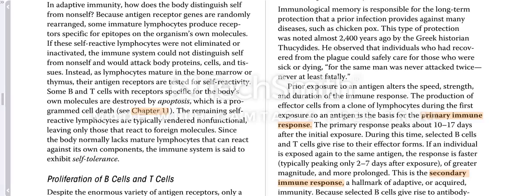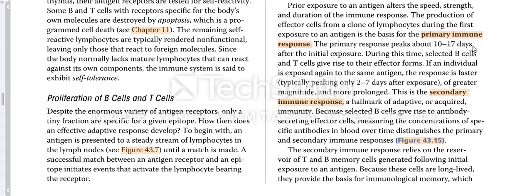When your body is first introduced to a pathogen, your response peaks around 2 weeks, so 10 to 17 days. During the secondary immune response, if something comes back, your body is better equipped, and it usually takes about 5 days, peaking between 2 and 7. So it's more than 2 times as fast the second time around. This increase in speed, as the book says, is the hallmark of adaptive immunity, or acquired immunity, as it is sometimes called.